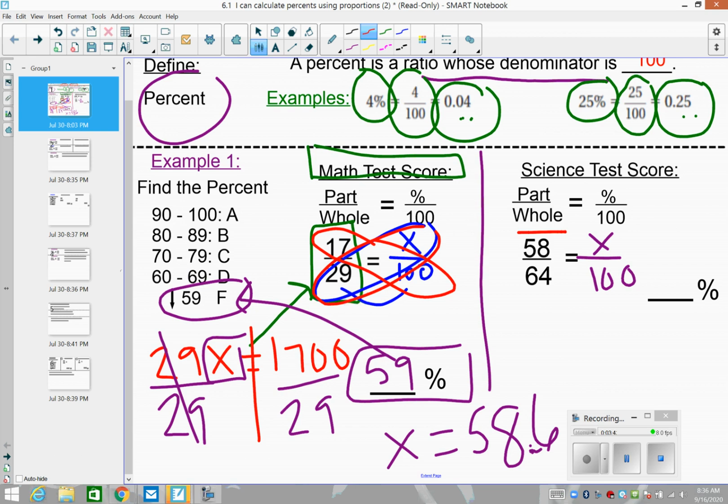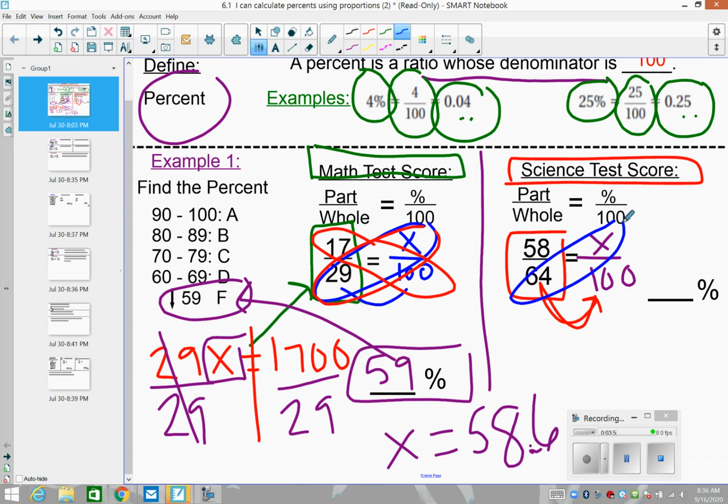So next one, in science class, you get a 58 out of 64 on your test. So what does that mean? Well, how much would that be out of 100? Again, not a nice multiplication happening there. So we're going to take cross products. So we get 64x equals 5800.